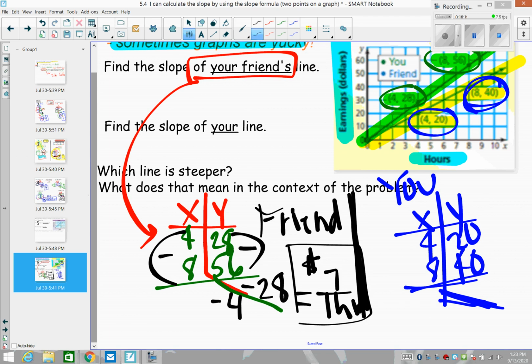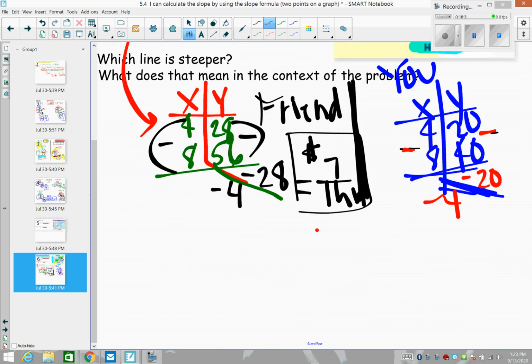If we subtract our y's and subtract our x's, you would get negative 20 over negative 4, which means that you make $5 per hour.